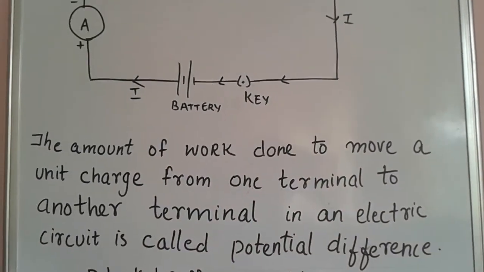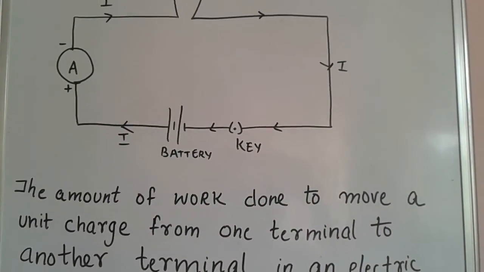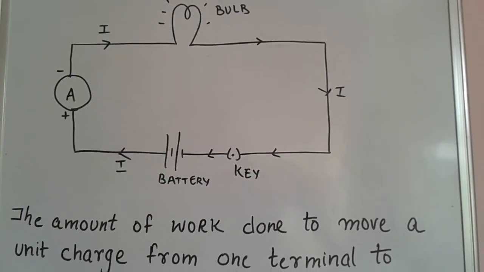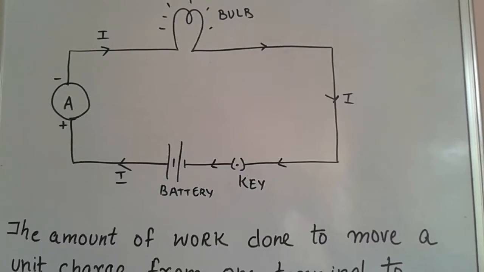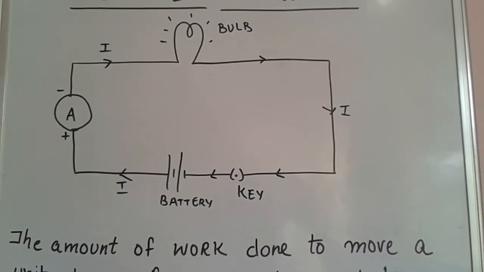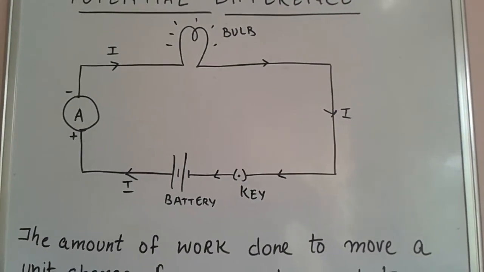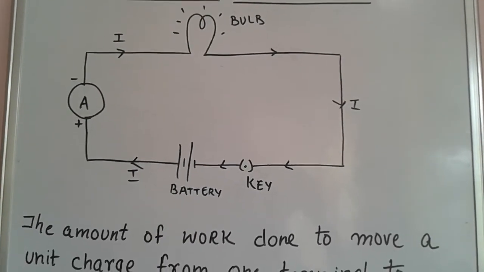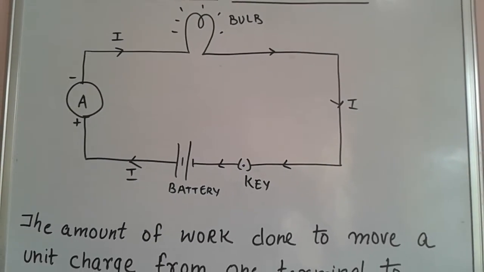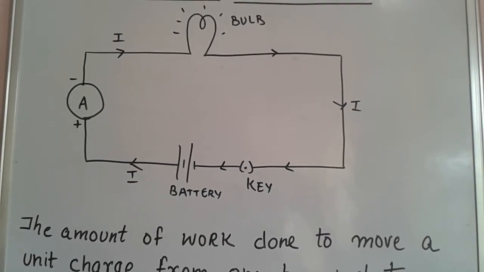So here we have an electric circuit also, children, and you can see that in this circuit, what flows from one terminal to another terminal is the electron. Electrons flow from the negative terminal to the positive terminal.